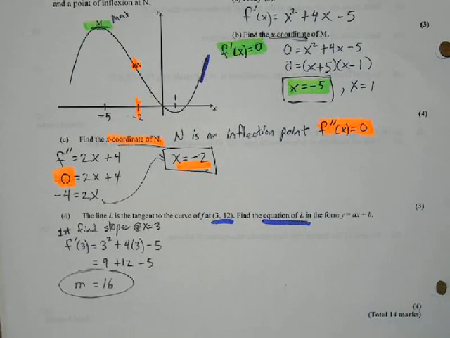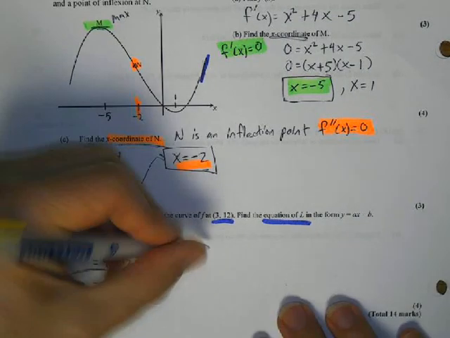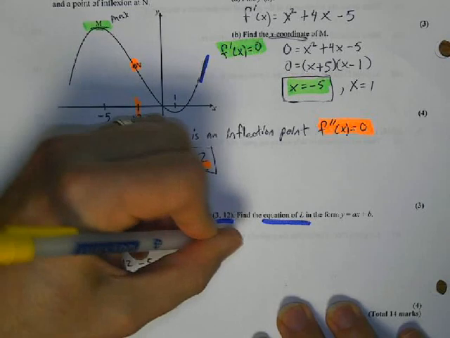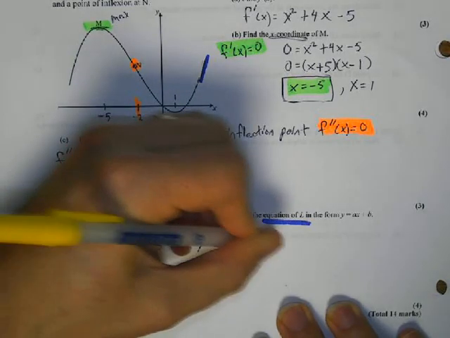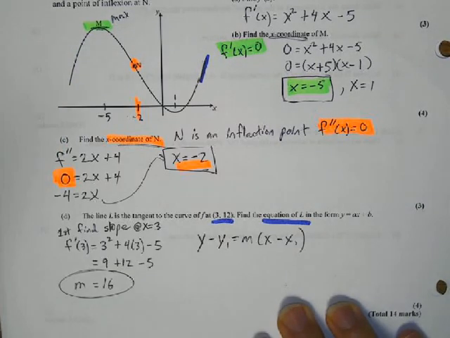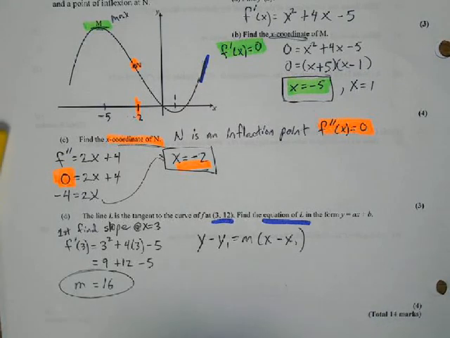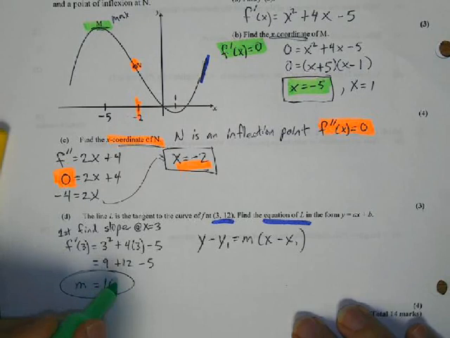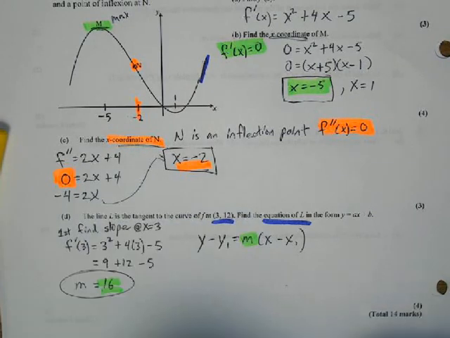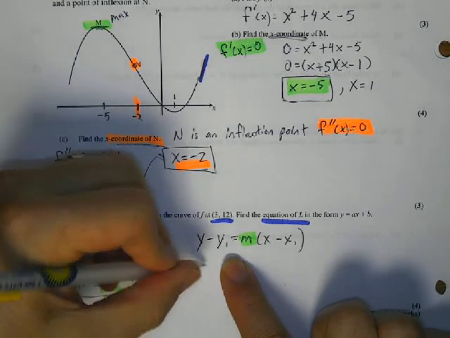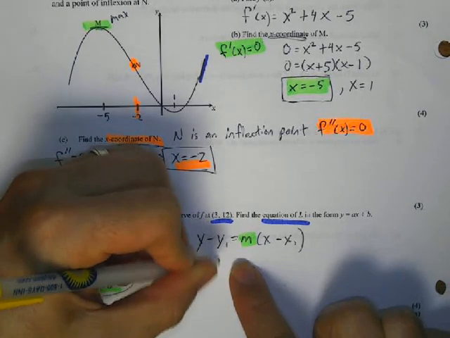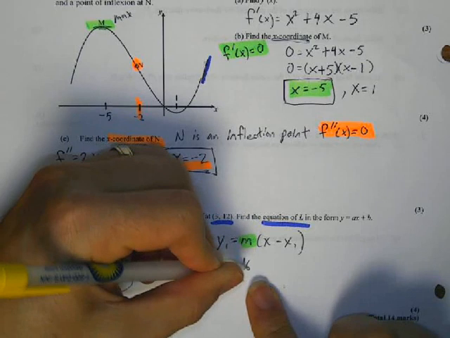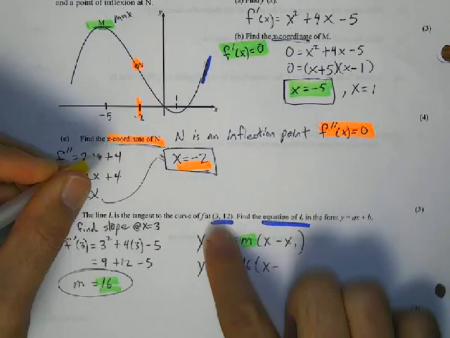Okay, so now I want to find my equation in this form: y minus y1 equals m times x minus x1. I've got my slope, and I've got y minus 12 equals 16 times x minus 3.